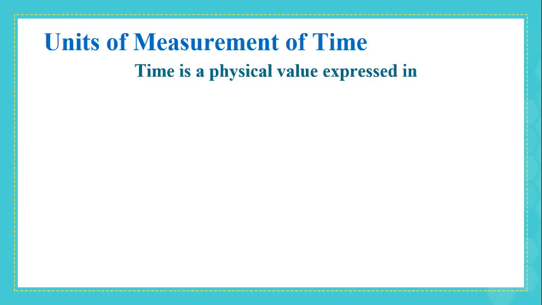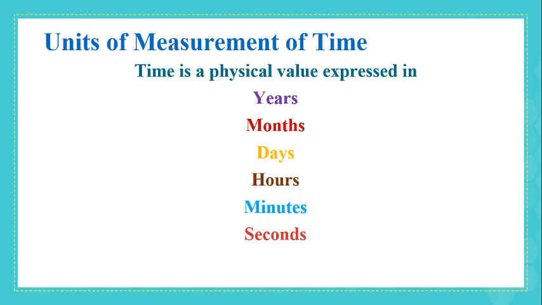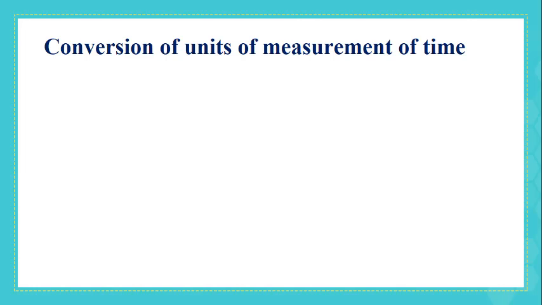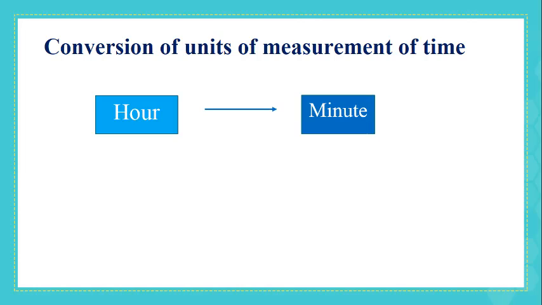We can express time in years, months, days, hours, minutes, seconds. The unit of measurement of time in SI is second. We can convert time from one unit to another. To convert time from hour to minutes, we multiply by 60, since 1 hour is equal to 60 minutes.